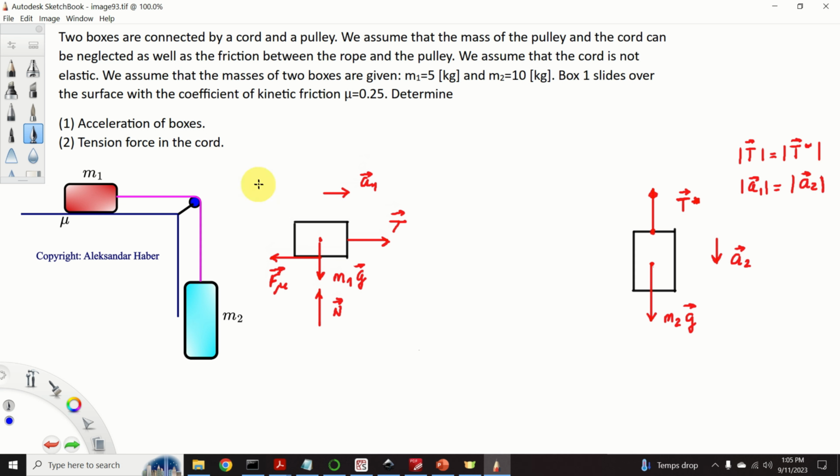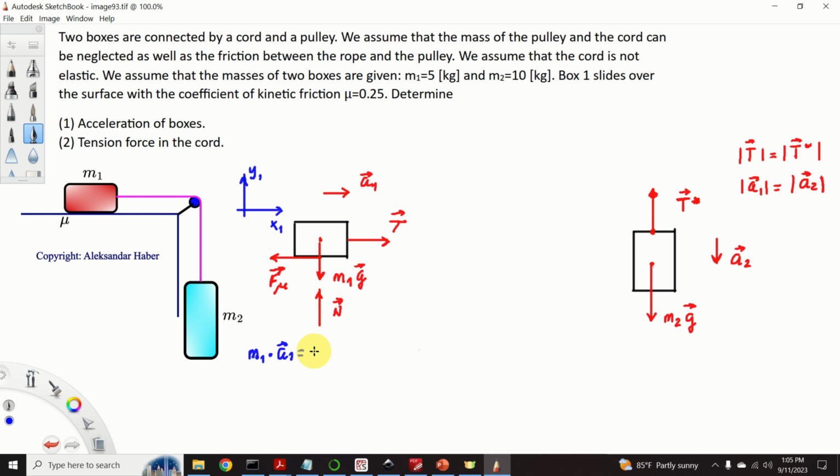The next step is to apply Newton's second law. To apply Newton's second law, we need to introduce the coordinate system. This is x1 and this is y1 for the free body diagram 1. Let us write Newton's second law. Mass 1 times the acceleration of box 1 is equal to the sum of all the forces acting on box 1. Let's see what we have here.